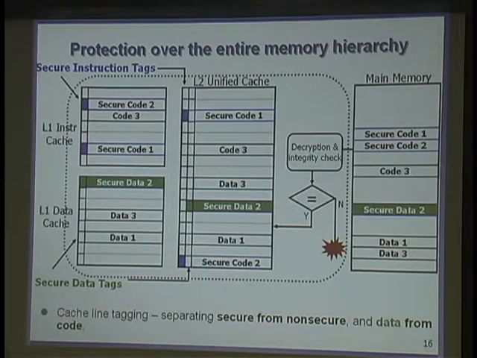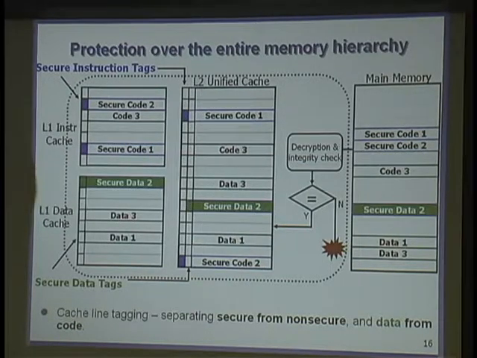Okay, the L2 cache knows it's bringing secure code if it's in SEM mode, and there will be a SEM mode flag set. So all the code it reads at that point is going to be assumed to be secure code, and will be integrity checked.